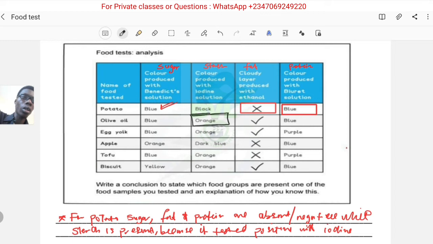The color of iodine is orange, we call it orange brown, and the color remained the same, so it is negative. It tested positive with emulsion, which means it was cloudy for fat. The biuret color remained blue, so that is negative.